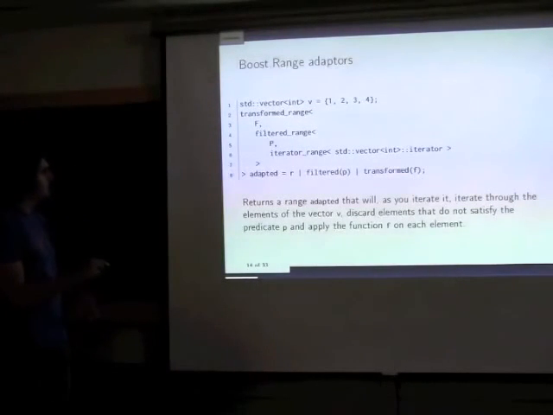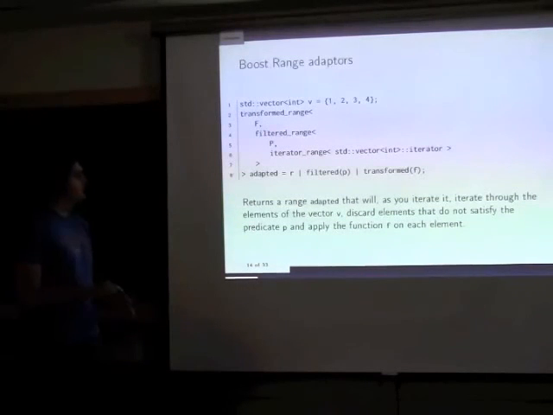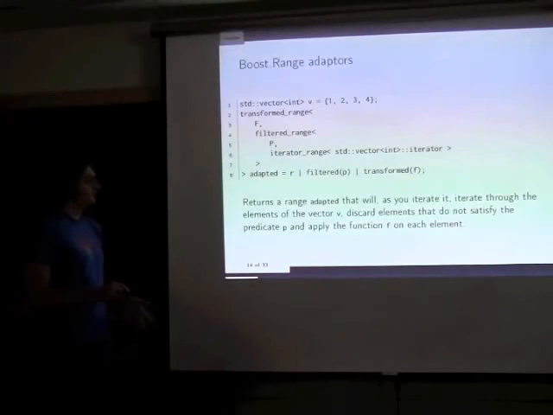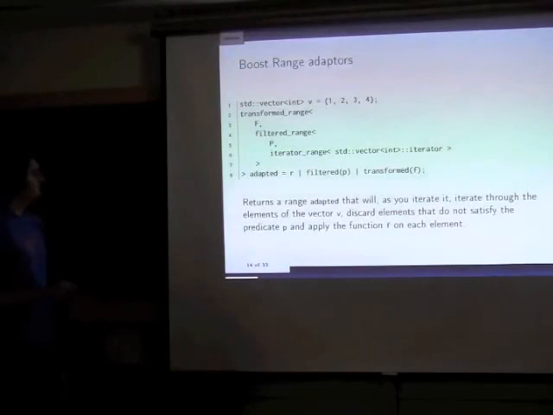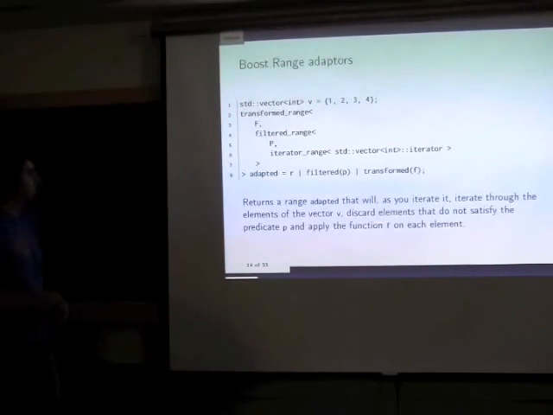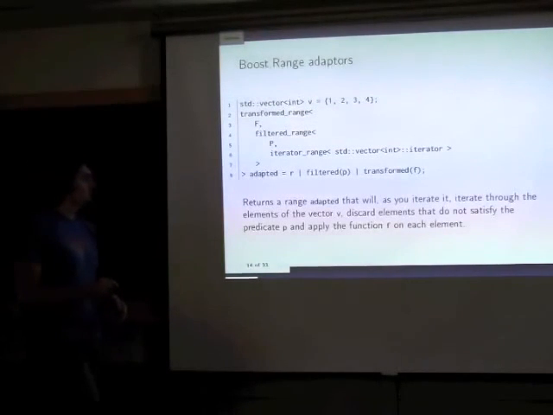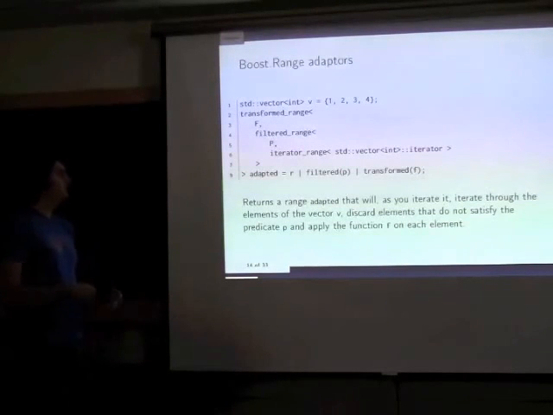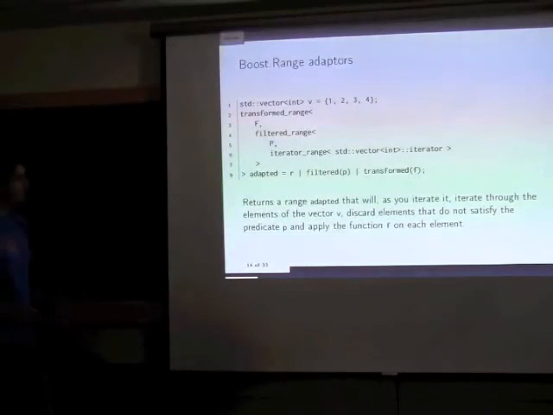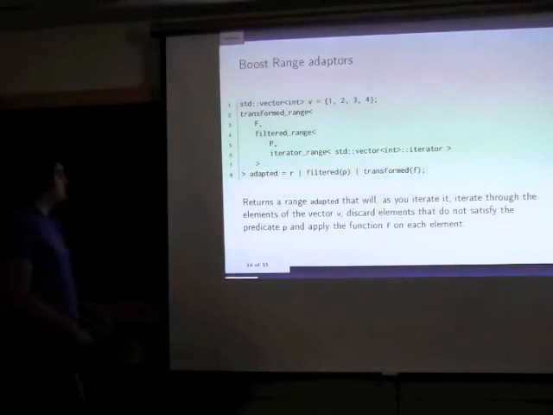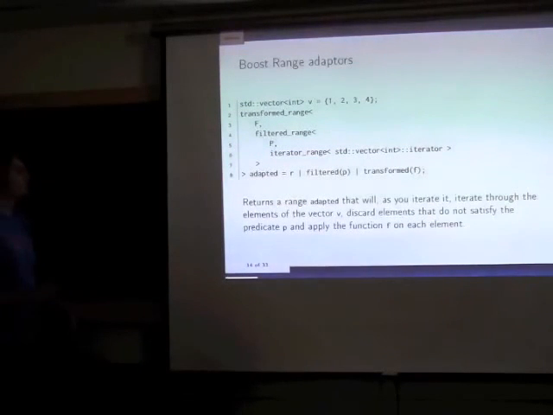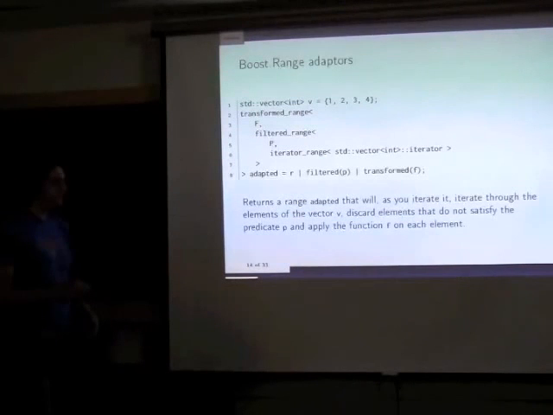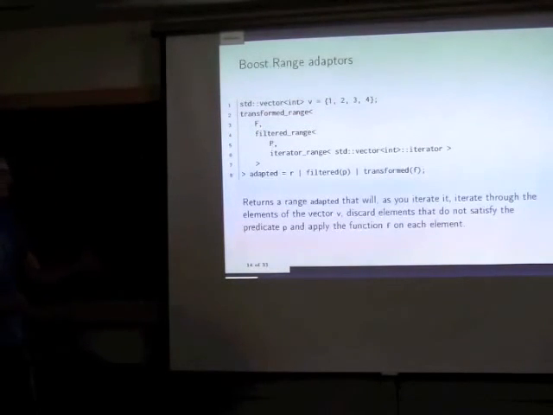So we're going to build a range which is filtered by P and transformed by F. So that means that the range here is B, but as we iterate it, we're going to remove all the elements that do not satisfy P, and then we're going to apply F on the result. So this gives us a mechanism for lazy evaluation of transformation on ranges. But unfortunately, transform is only element-wise; it just applies a transformation on an element.